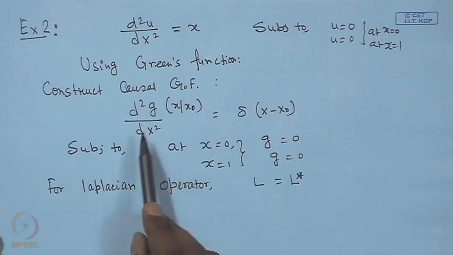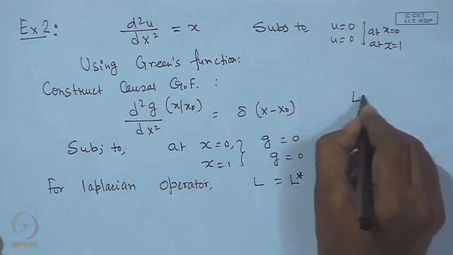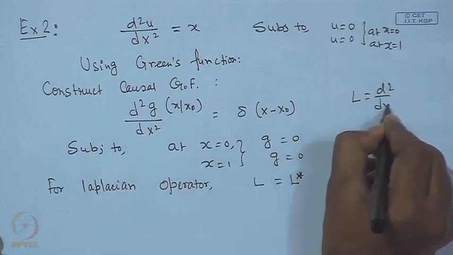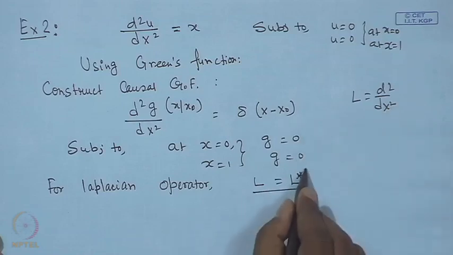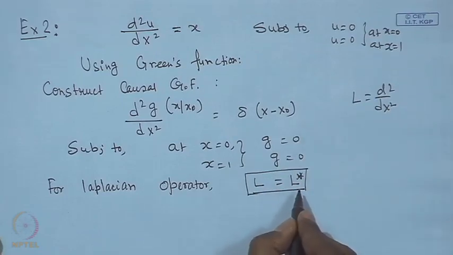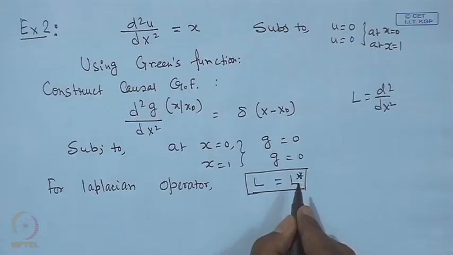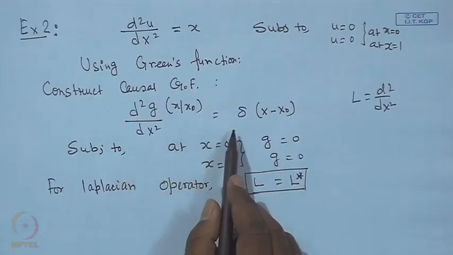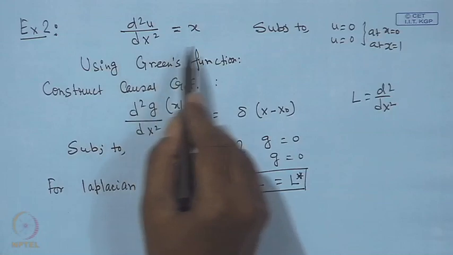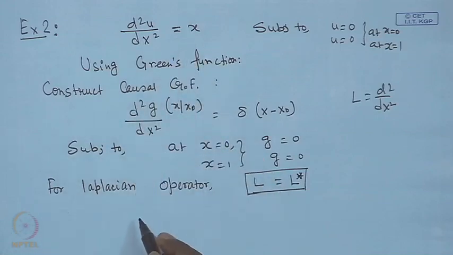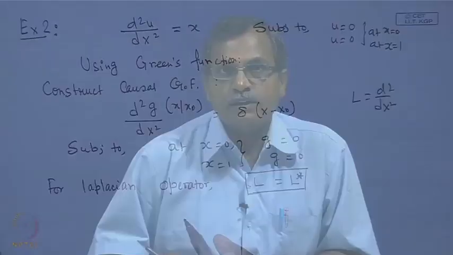But if you look into this problem, since this operator L is d square dx square in this case, and we have already proved earlier that it is a self-adjoint operator, we need not go for the adjoint operator and adjoint Green's function. We can directly connect L g is equal to delta to L u is equal to f directly, because the operator is itself self-adjoint.